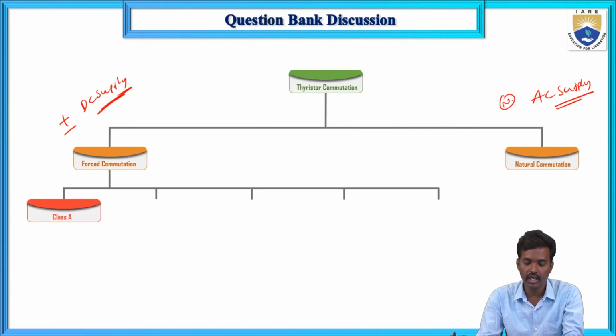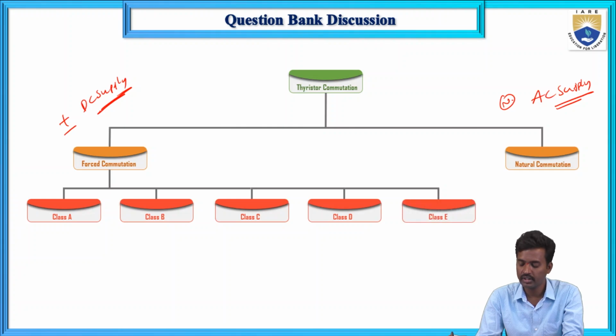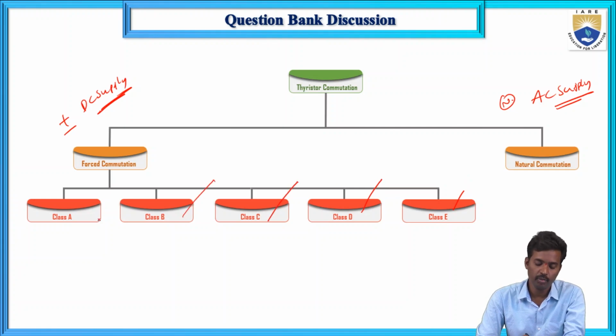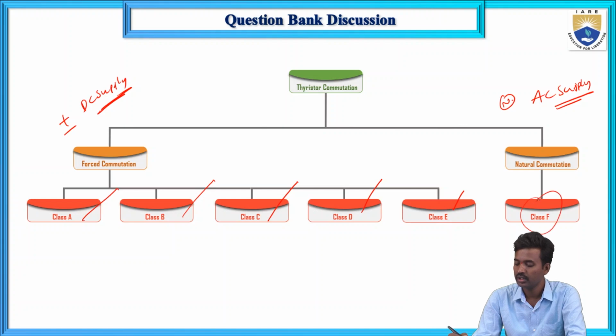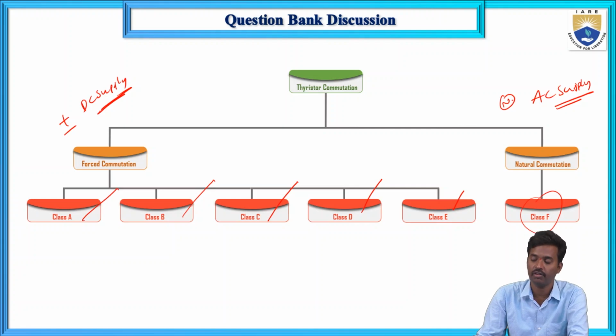In forced commutation there are class A, class B, class C, class D and class E: class A is load commutation, class B is resonant pulse commutation, class C is complementary commutation, class D is auxiliary impulse commutation, and class E is external pulse commutation. So total 5. And next, class F is the natural commutation.